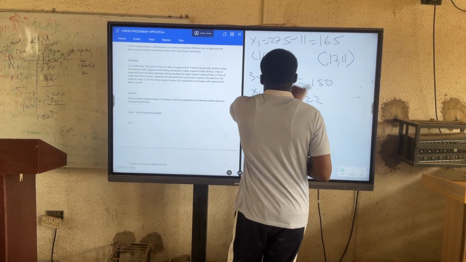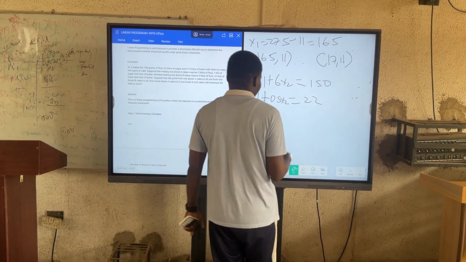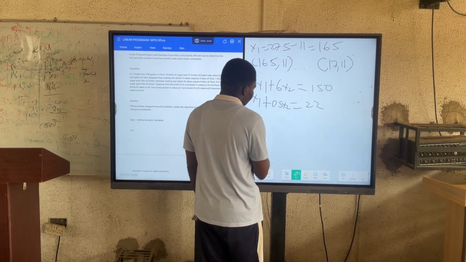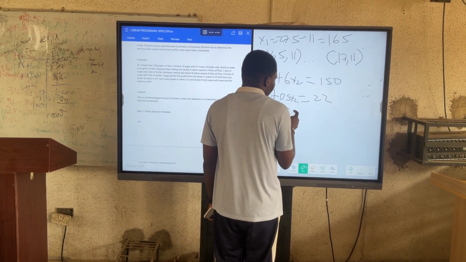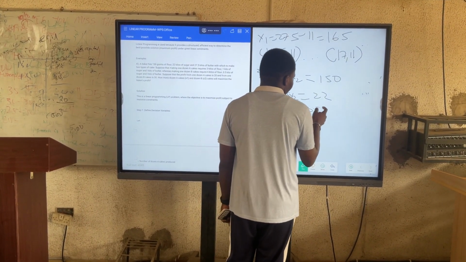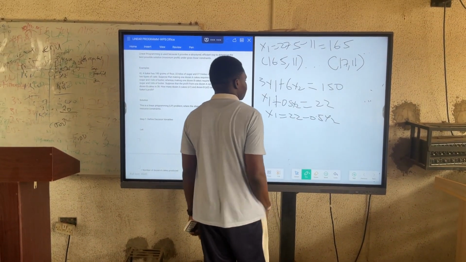Since I've used equation 3 already, now let me make x1 the subject of the formula: x1 equals 22 minus 0.5x2. Now substitute this into the first equation.